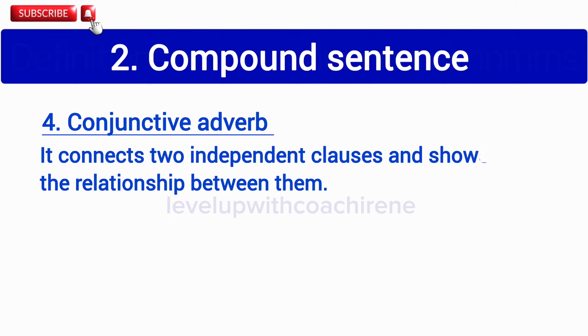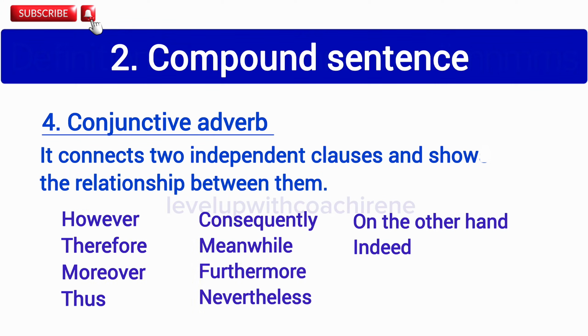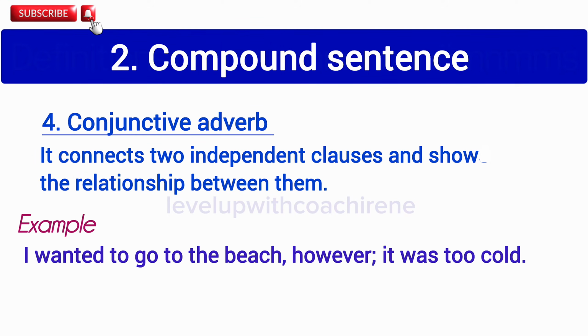The conjunctive adverbs include however, therefore, moreover, thus, consequently, meanwhile, furthermore, nevertheless, on the other hand, indeed, and more. For example, I wanted to go to the beach, however, it was too cold.